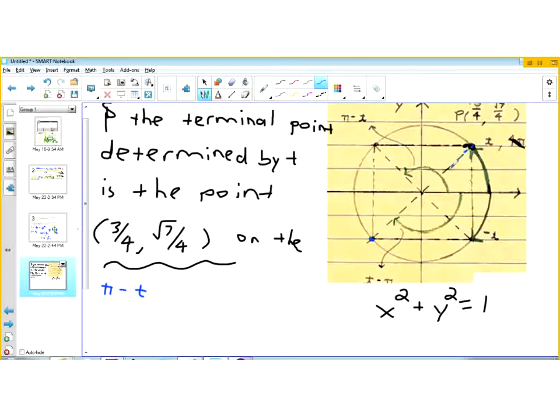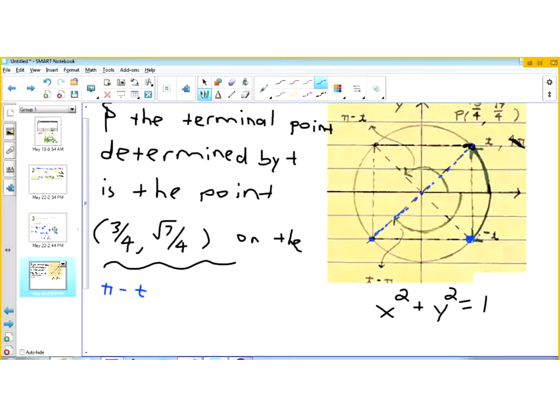If we were to walk halfway around the unit circle, we wind up at this point. We have this construction right here, the blue dashed line is the construction. So we walk essentially halfway. We start at t. Oh, I'm sorry. I beg your pardon. We start at negative t, which is here. I was incorrect.